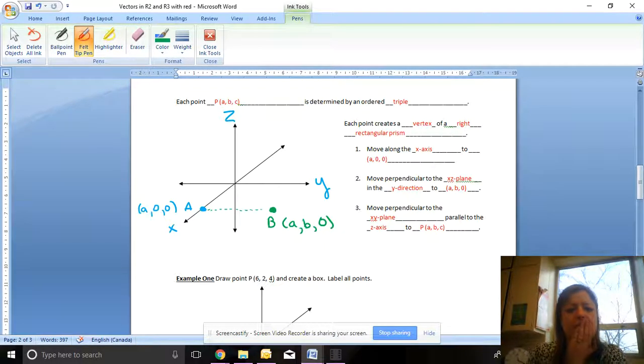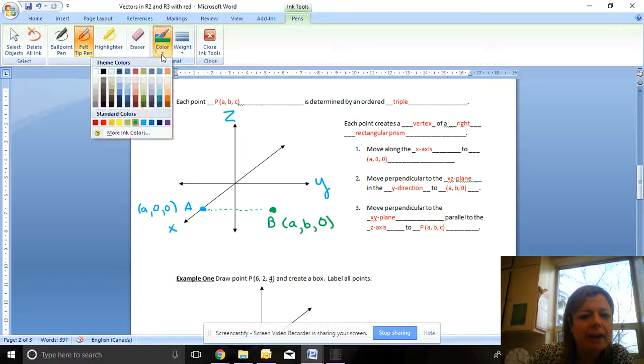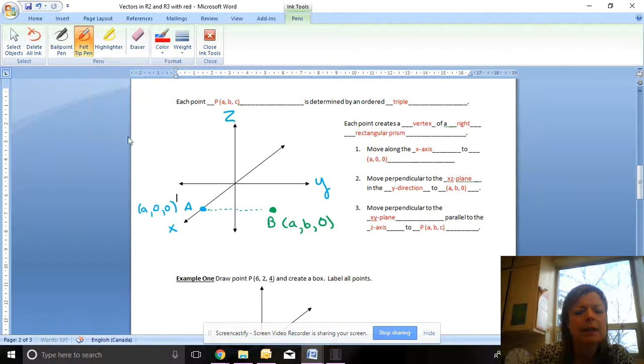Okay. So now, from there, I'm going to apply my Z. In this case, again, like I said, I'm going to go up. So I'm moving perpendicular to the XY plane, or parallel to the Z axis.